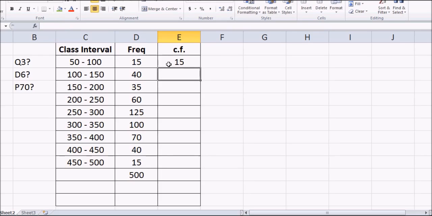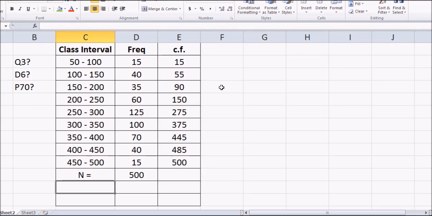This is 15. The next one would be 15 plus 40, and then we can drag it down to all the remaining cells. Yeah, so I've got my cumulative frequency, I've got the total frequency, that is n.